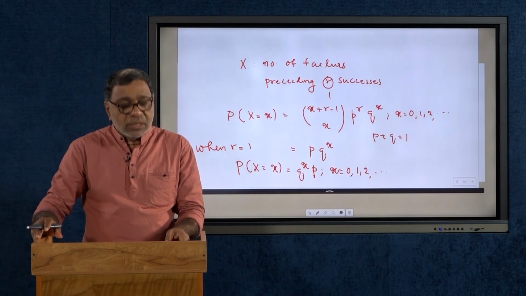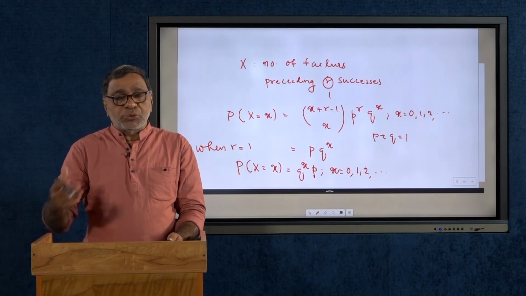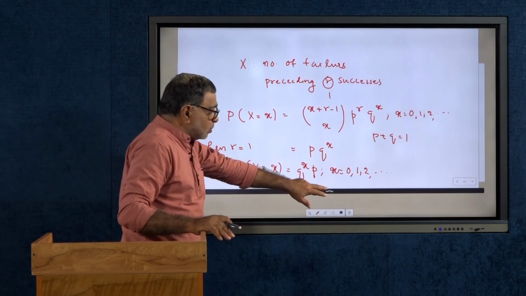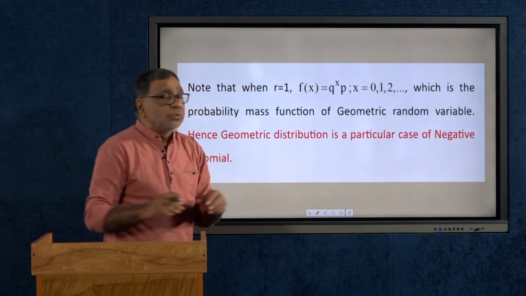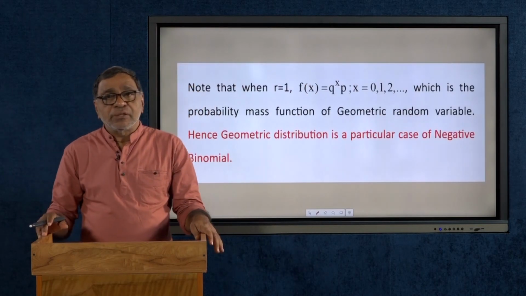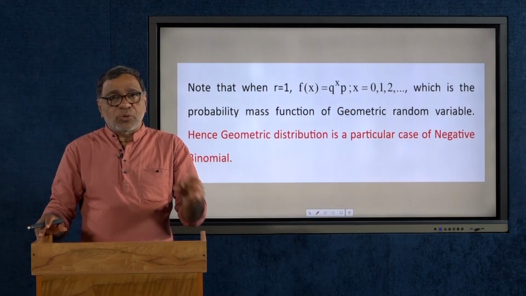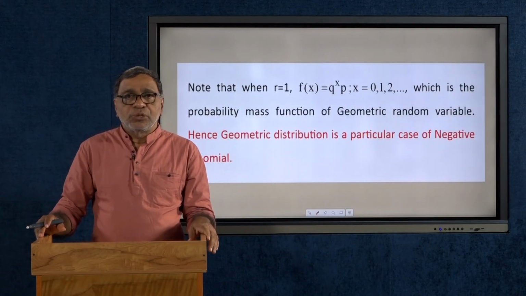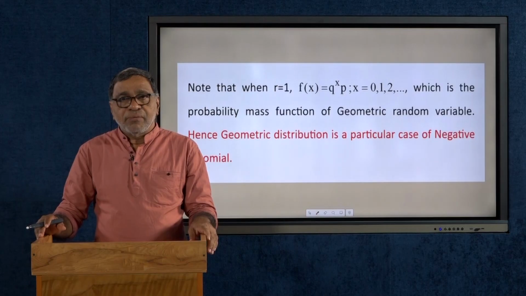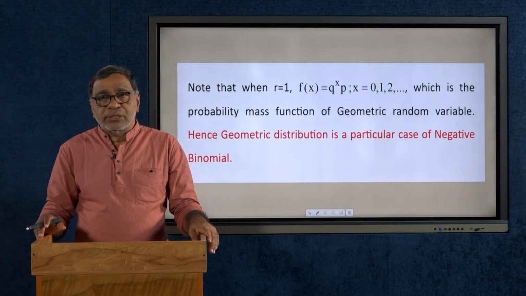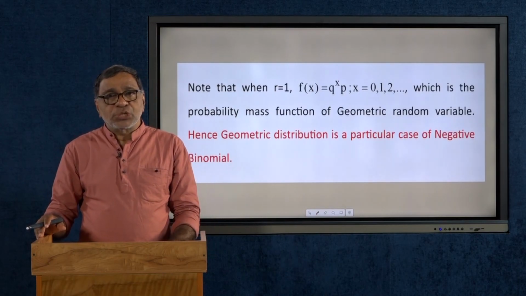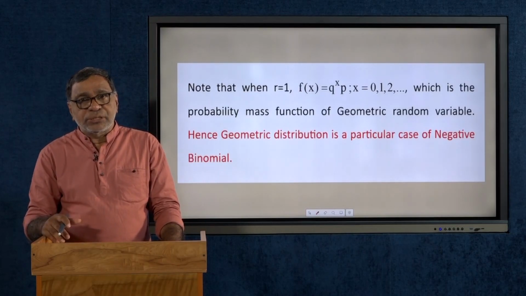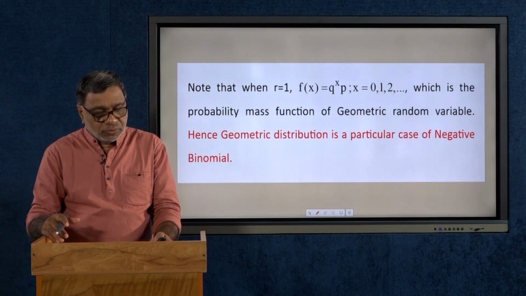So if we have the negative binomial distribution and r is equal to 1, it reduces to the geometric distribution. Note that when r is equal to 1, our f of x is equal to q power x into p, where x is equal to 0, 1, 2, 3, etc., which is the probability mass function of a geometric random variable. Hence, the geometric distribution is a particular case of the negative binomial.